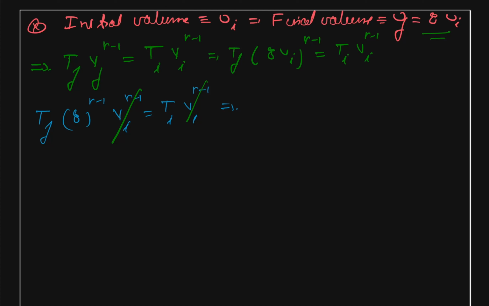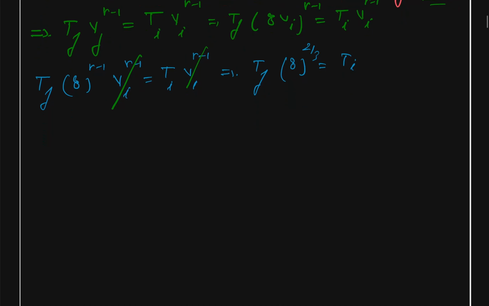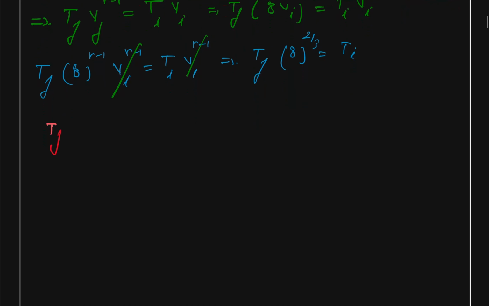From here we substitute the value of gamma, that is 5/3. So we get T final times 8 raised to power 5/3 minus 1, giving us 2/3, is equal to T of I. Now we can write T of F is equal to T of I divided by 8 raised to 2/3. The cube root of 8 is equal to 2, and 2 squared gives us 4.